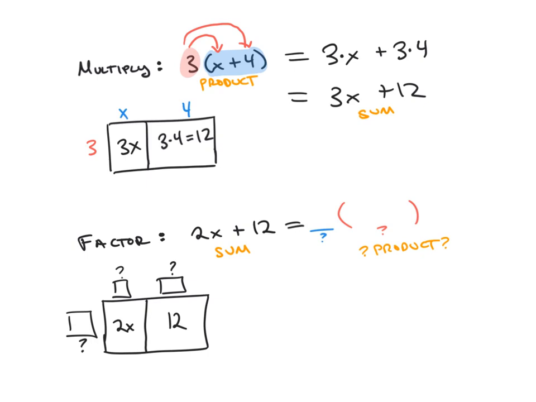So I can think of 2x as 2 times x, and I can think of 12 as 2 times 6, and I can undistribute that 2, so that'll become the factor out in front of the group, and that would leave behind for me x and 6. So if I write down x and 6 across, then I get 2 times the group x plus 6. And I've factored out 2 and reversed this sum backwards into a product of 2 pieces.